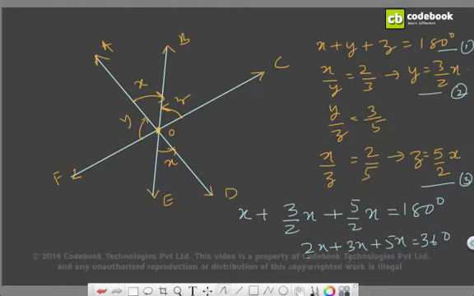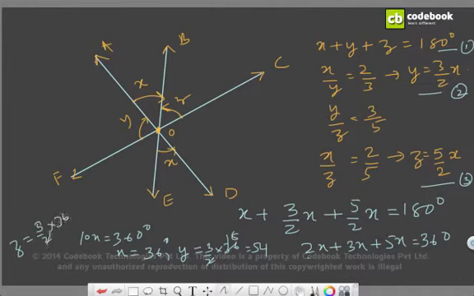You'll have 360, which is nothing but, if you observe, 10x is equal to 360 degrees. So x is 36 degrees, which means y is equal to 3 by 2 times 36, which is 54. And finally, z is equal to 5 by 2 times 36, which is 5 times 18, that is 90.